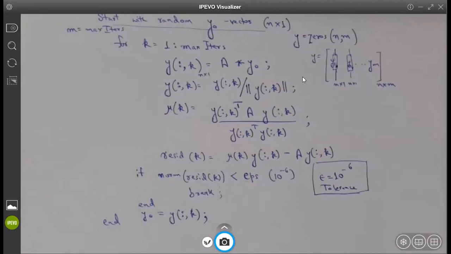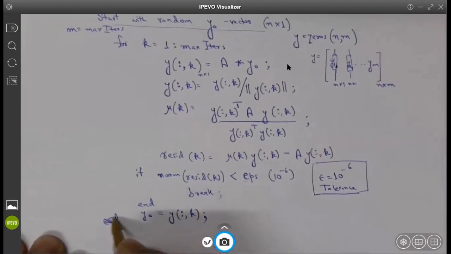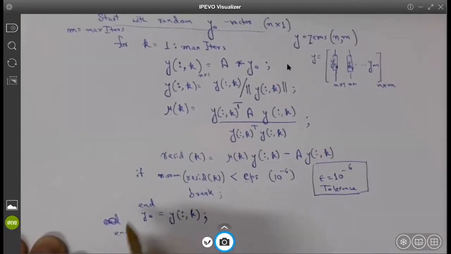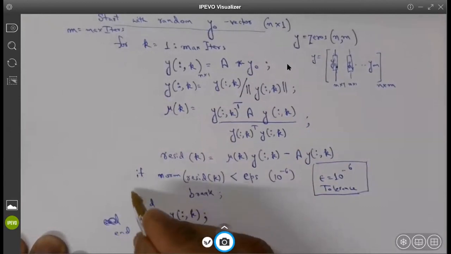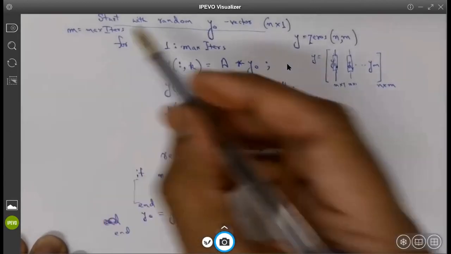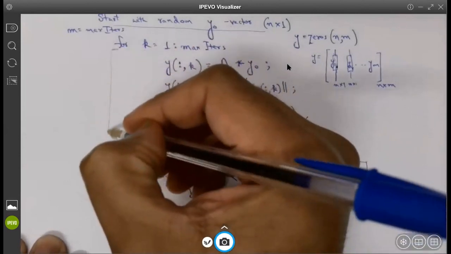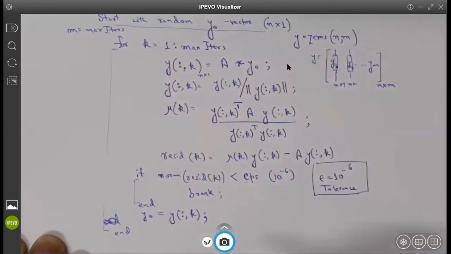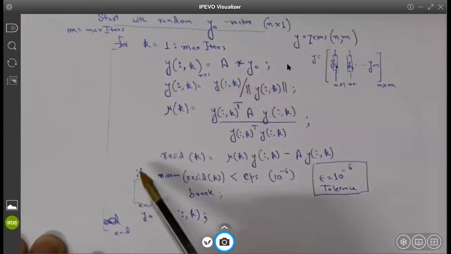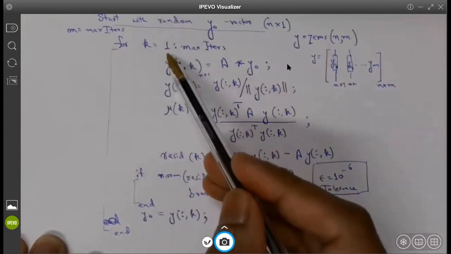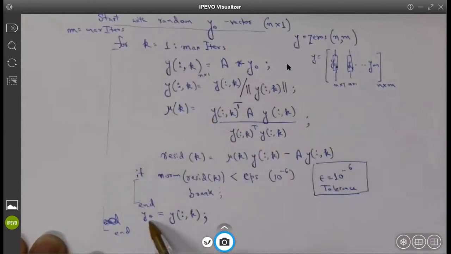So the question is, is the second end before y0 or after? The second end is after y0. So this is for this for loop, and this is basically for this end. Before we go to the next iteration for k equals 2, I have updated my y0.